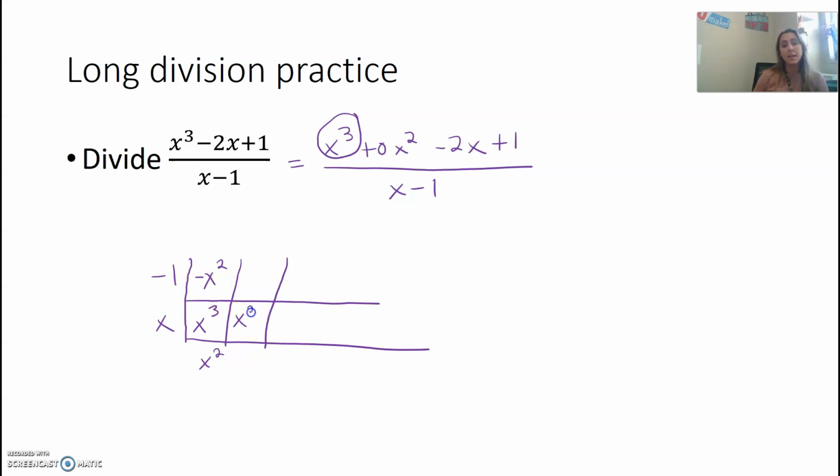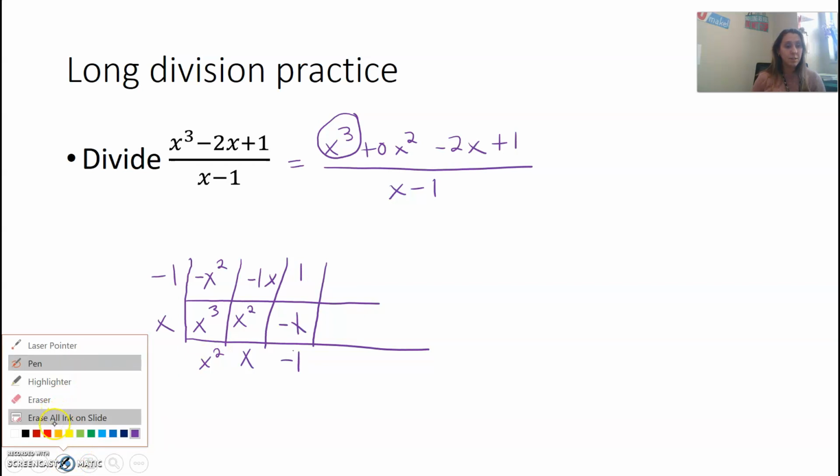I'm going to add an x squared, so that's 0, but I need to figure out what I'm multiplying to get to this number. So x times x is x squared, and then x times negative 1 is negative 1x, but how many negative x's do I have? I actually have 2, and so I want to put a negative x right here, and then x times negative 1 will give me negative x, and negative 1 times 1 is 1, and here I'm going to erase.